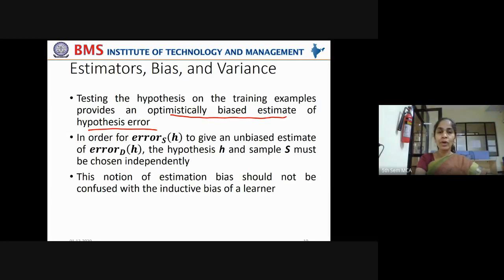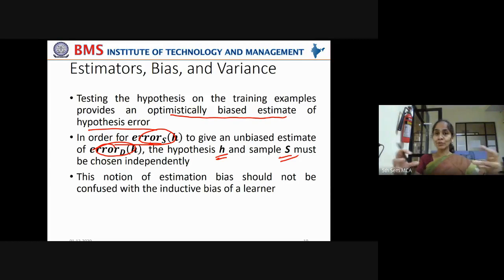So in order for sample error to give an unbiased estimate of the true error, the hypothesis H and the sample S must be chosen independently. They must be chosen independent of each other. It means H should not be influencing the sample that is being taken at random, and the sample should not be influencing the hypothesis that is framed.